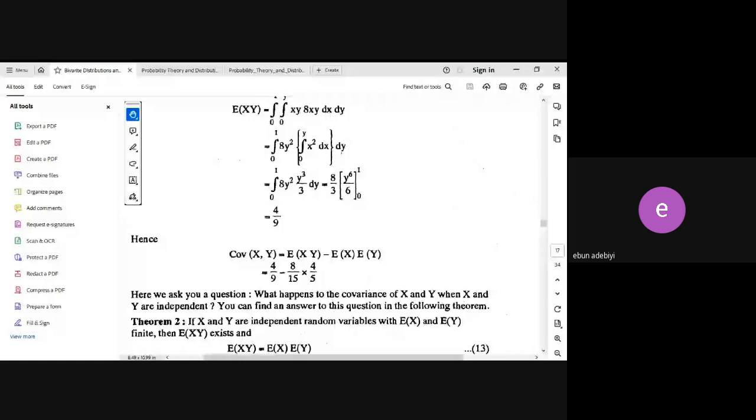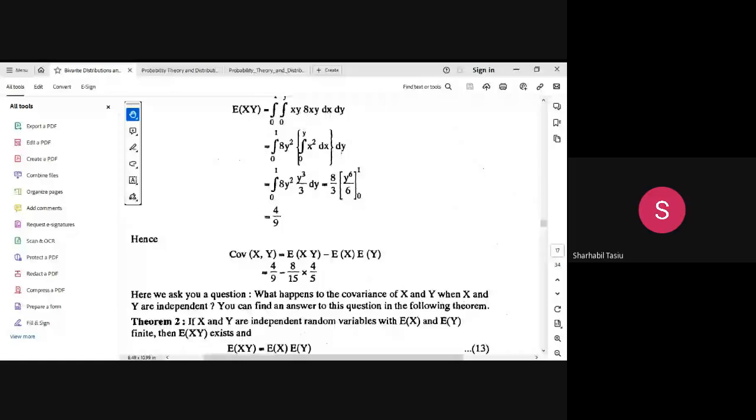The first integration was over y. That's why we have 8y squared, 1 over 3. I'm a bit confused. After the covariance, the expected value of xy, the product, the next line is like we multiply. 8xy will give me 8y squared and x squared.